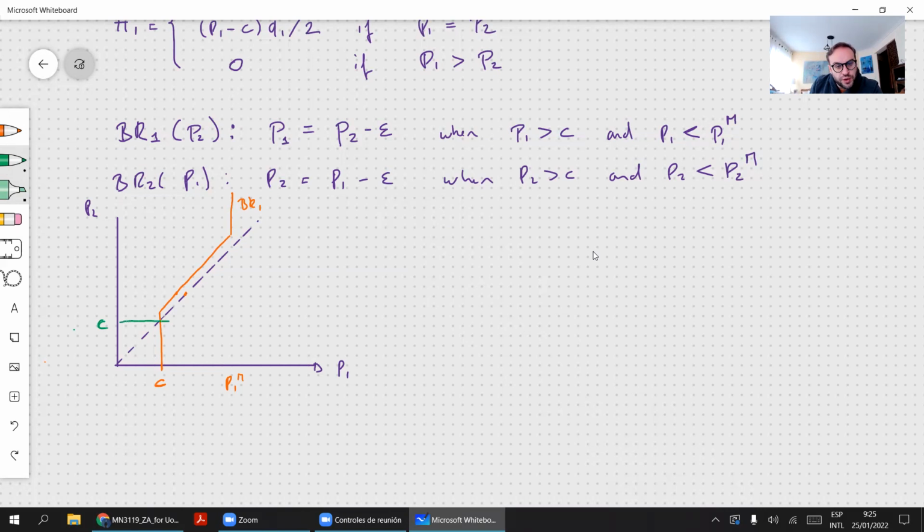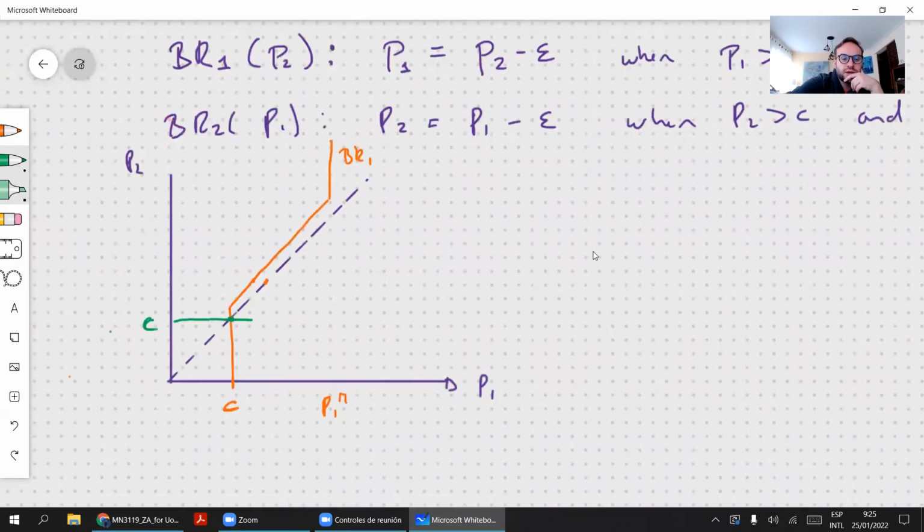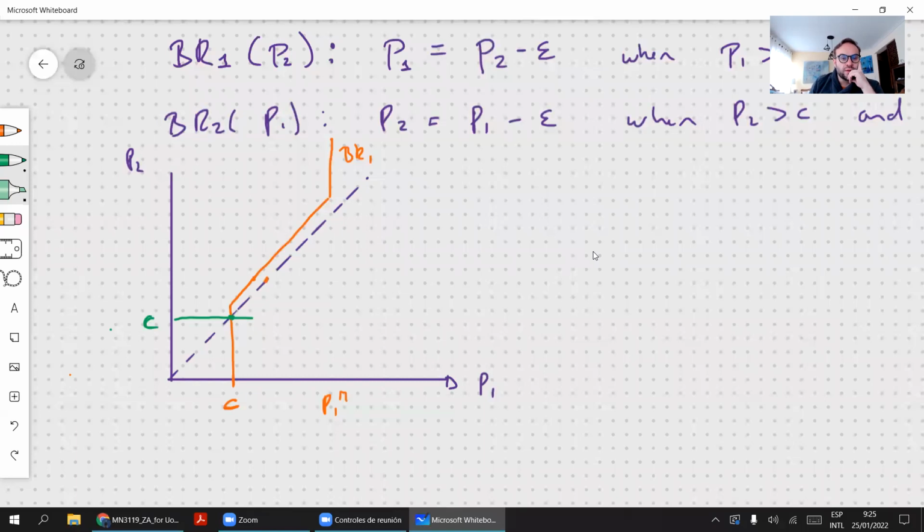Given that I'm supposing the same marginal cost for both, they're going to intercept at the 45-degree line. I'm going to maybe zoom a little bit. Then the best response of firm 2 is to ask a little bit less, a cent less than my competitor.